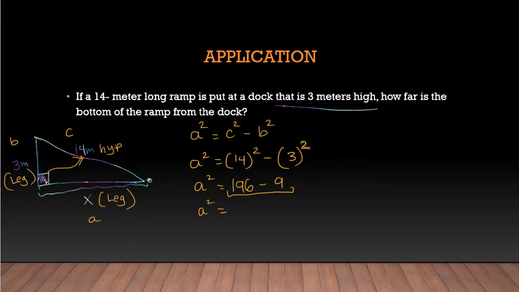A squared equals 187. Now I need to find what A is. This is the value of A squared. So in order to find A, I need to take the square root of 187. So our answer is, that little squiggly equal sign means approximately, 13.7. Since we started with meters, this is also going to be in meters. So this is our answer here.